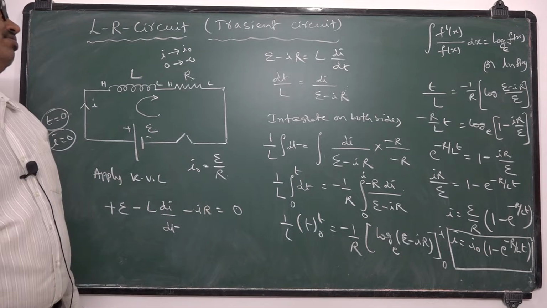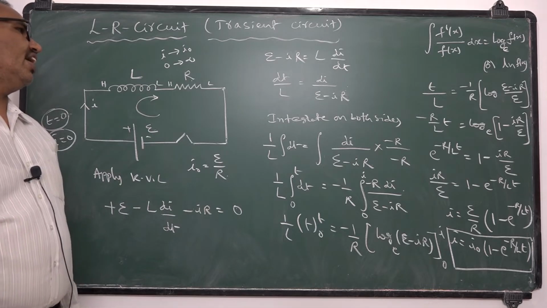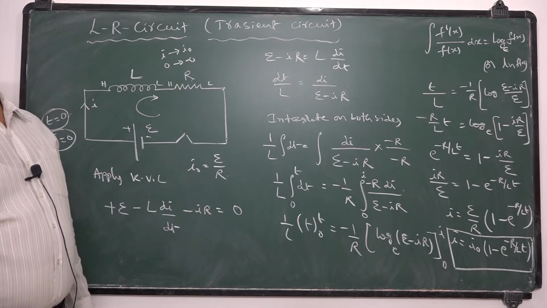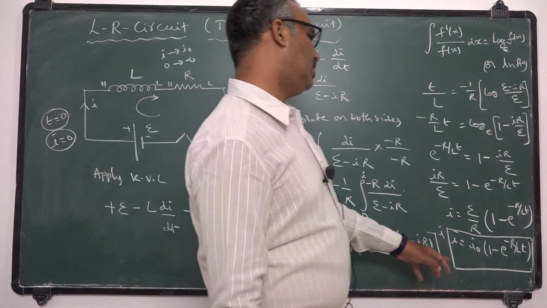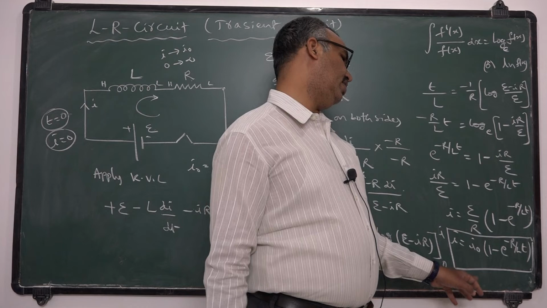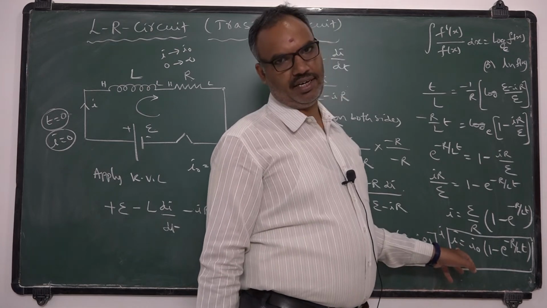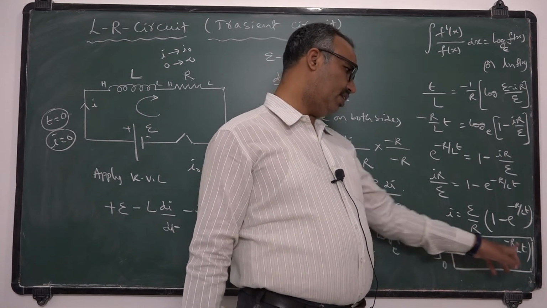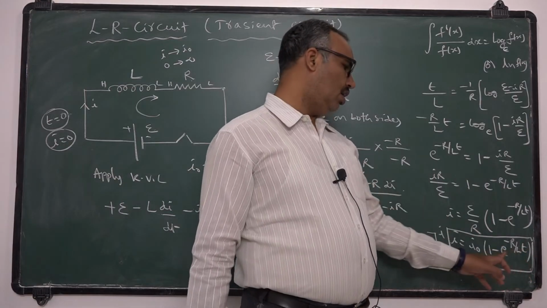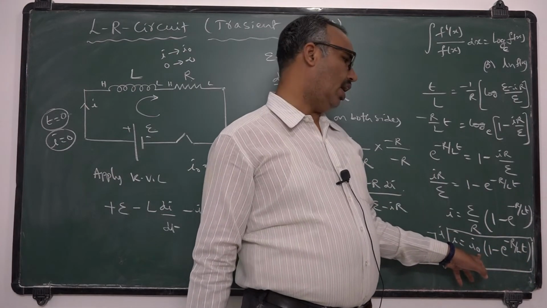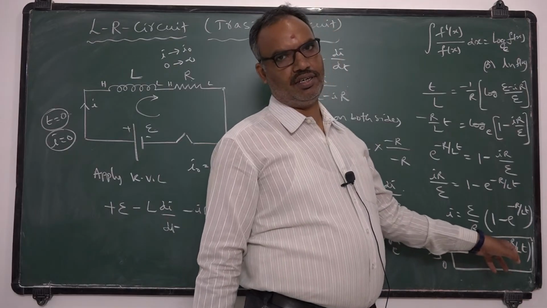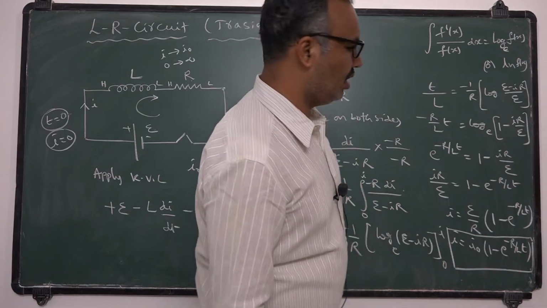So let us understand the behavior of current by using that equation. This equation is telling the relationship between the instantaneous current, the current observed at a particular time t, and how it is related to the maximum amount of current and the value of inductance and resistance available in the circuit.